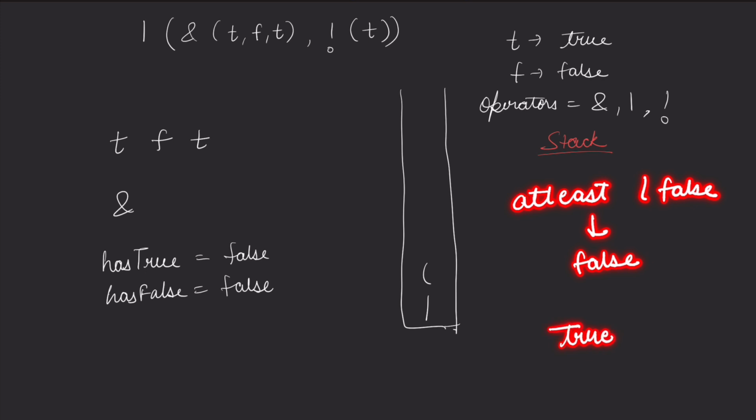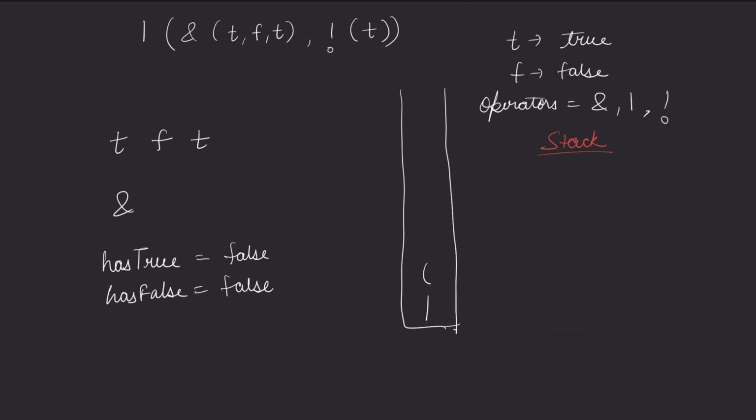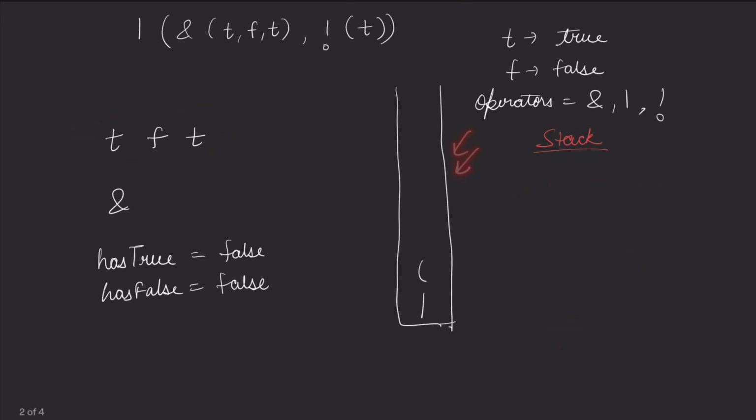So the only thing that I need to know is whether there is at least one false present in these values or not. So whenever we are popping elements out from our stack and it is T or F, we will mark these variables. Whenever we get a T which denotes true, we'll make has true as true, right? So in this case, when you popped T, your has true would become true, right?